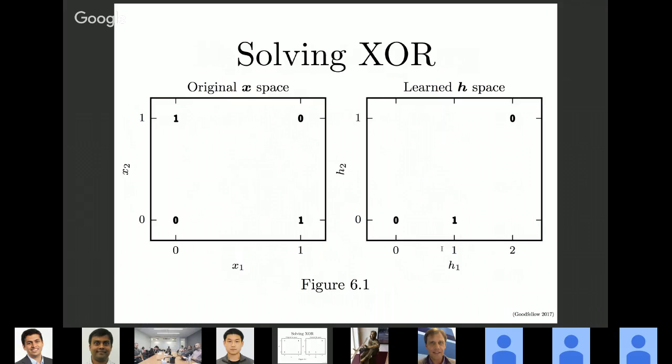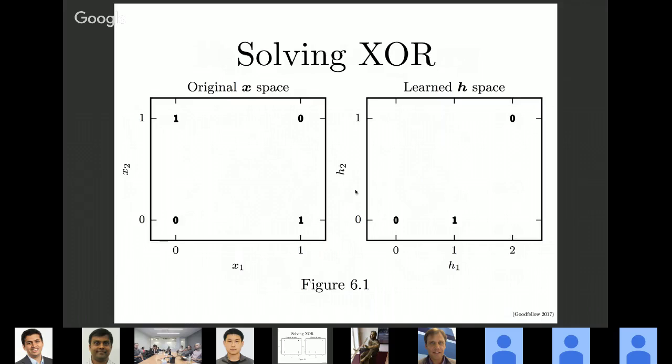The first feature, H1, is actually just a sum of the number of bits that are on in the input. So this 0 here gets mapped to a 0 on H1, and both 1s get mapped to a 1 on H1, and then this 0 here, which has both inputs active, gets mapped to a 2 along H1.